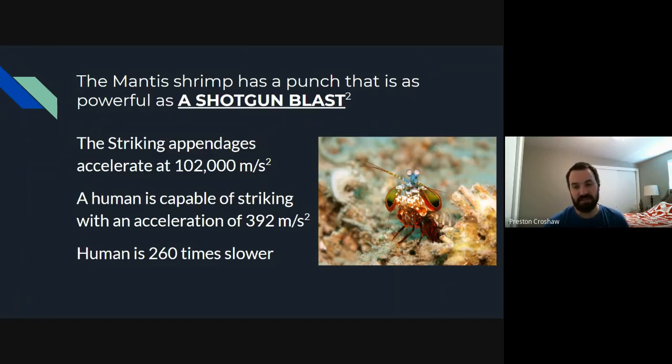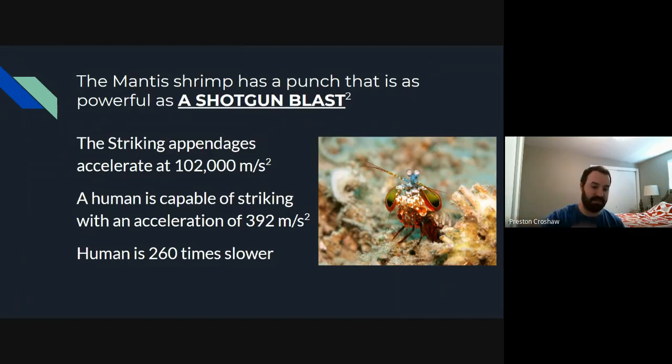In comparison, the human appendages are capable of an acceleration of 392 meters per second squared. And that was based on some information that I could find on the fastest pitchers in the world. That is kind of the limit of how fast humans can move their appendages.